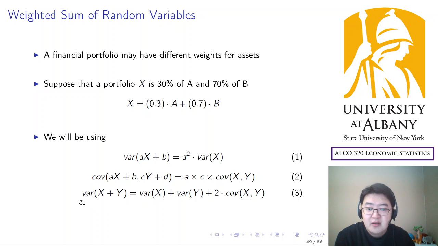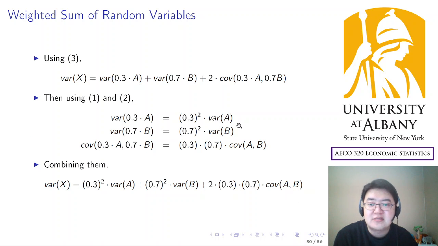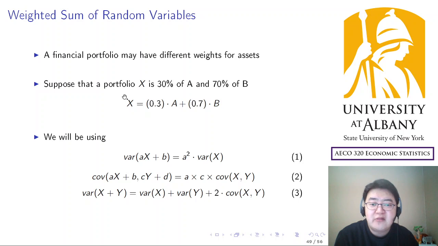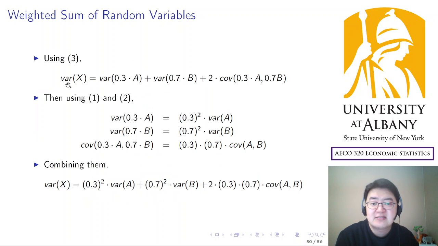And finally, this is the main formula we have used in this lecture: the variance of X plus Y is the sum of the variances plus 2 times the covariance. Okay, right? Then see this. I am going to calculate the variance of X, the risk of the portfolio. X is the sum of one and another: 0.3A is one random variable, and 0.7B is another.